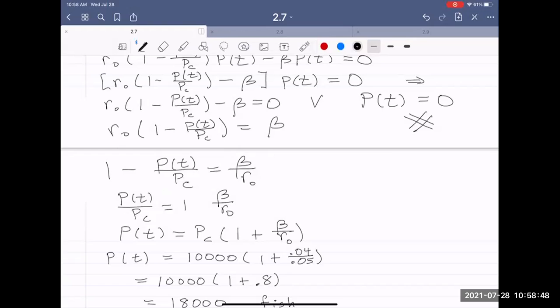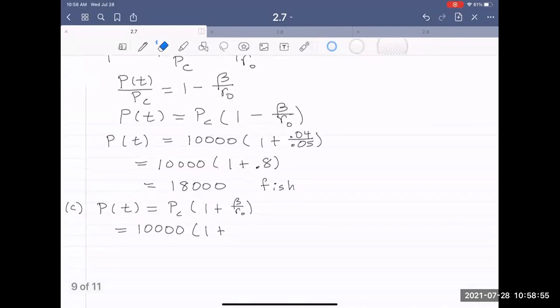Wait, one second. That was an error. Okay, made a mathematical error. So that is 1 minus 0.8, which is 0.2, times 10,000, which is 2,000. Sorry about that.